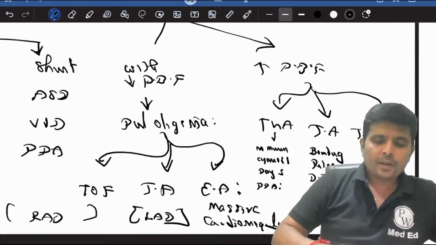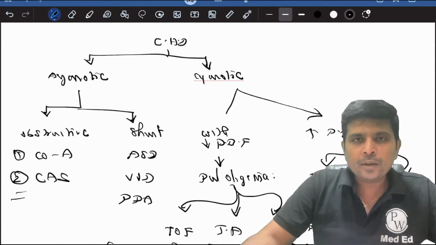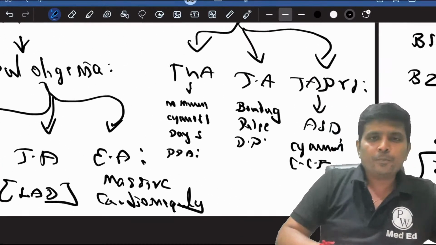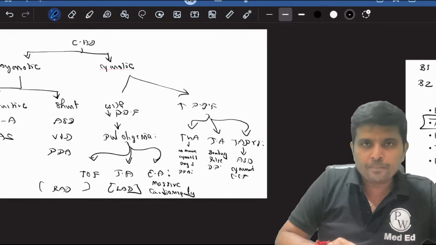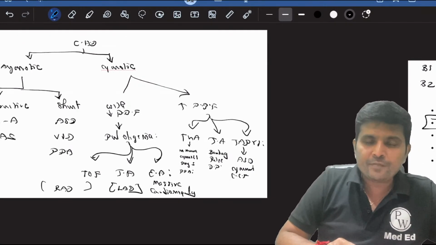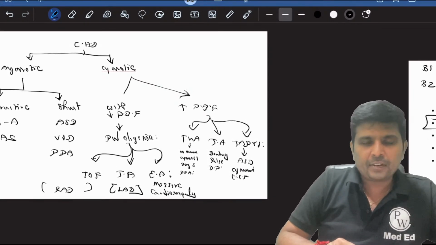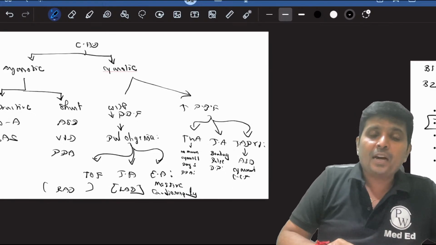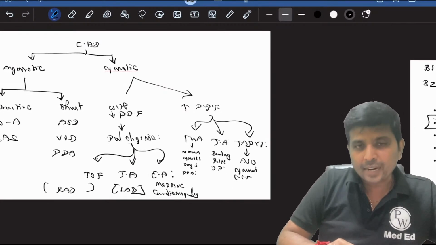Whereas cyanotic congenital heart disease is characterized by one with increased pulmonary blood flow, another with decreased pulmonary blood flow. Decreased pulmonary blood flow means that your heart size will be normal. In decreased pulmonary blood flow, if there is right axis deviation, it is tetralogy of Fallot. If it is left axis deviation, it is tricuspid atresia. If the heart is very, very large, it is Ebstein's anomaly.